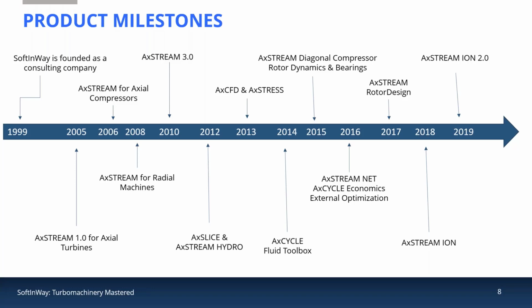Another example of this is Axstream Ion. This is our integration and automation platform, and really it helps structure the entire engineering workflow, tying together not only your conceptual and detailed design tools, but also CAD, CAM software, system level software, advanced CFD tools such as Star CCM and so on.